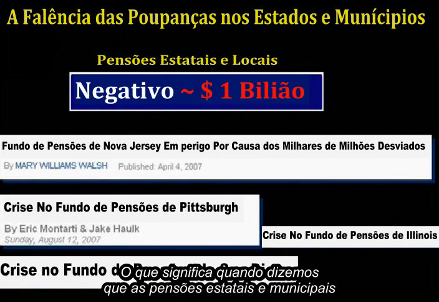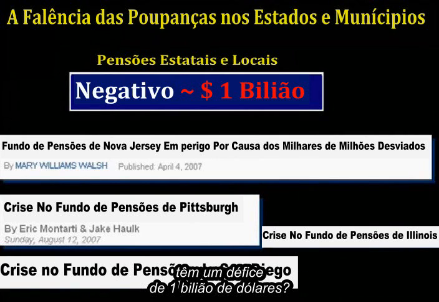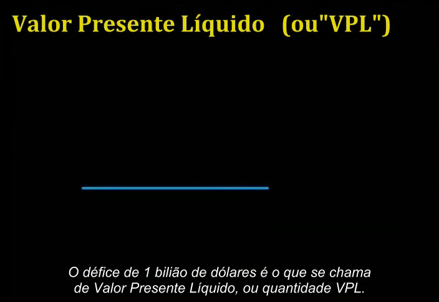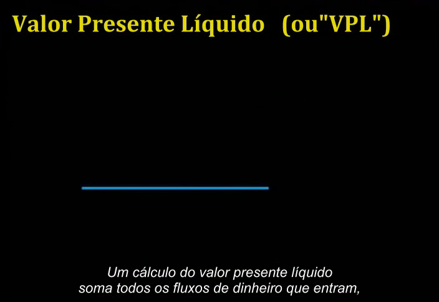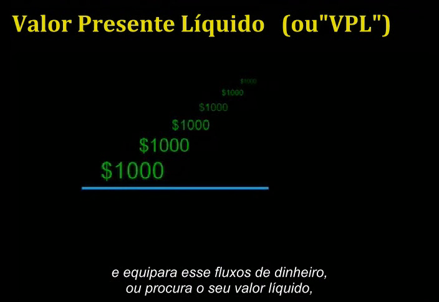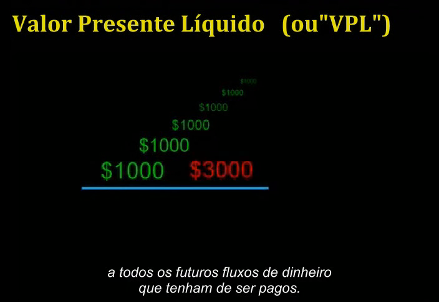What does it mean when we say that the state and municipal pensions are underfunded by $1 trillion? How is that calculated? The $1 trillion shortfall is what is called a net present value, or NPV amount. A net present value calculation adds up all the cash inflows, in this hypothetical example, $1,000 per year for 6 years, and offsets those cash flows, or nets them against all future cash outflows.